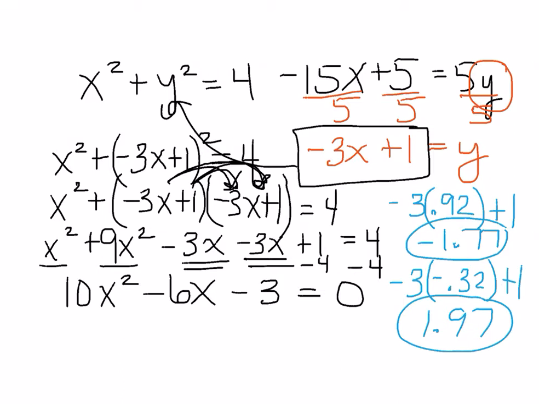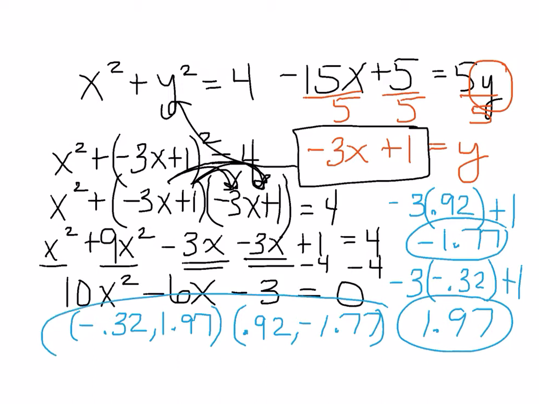If you would have graphed them, you would have found the same two ordered pairs: -0.32 and 1.97 would have been one ordered pair, and the other would have been 0.92 and -1.77, which is the same thing that we got just by doing it with substitution.